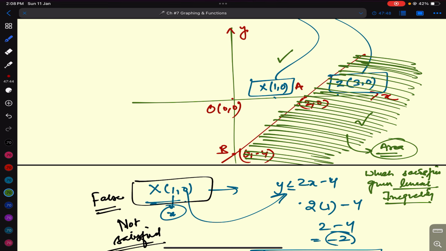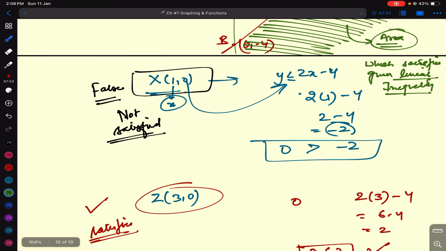So this is the area that's a solution to the given linear inequality. Okay, I hope that makes sense.